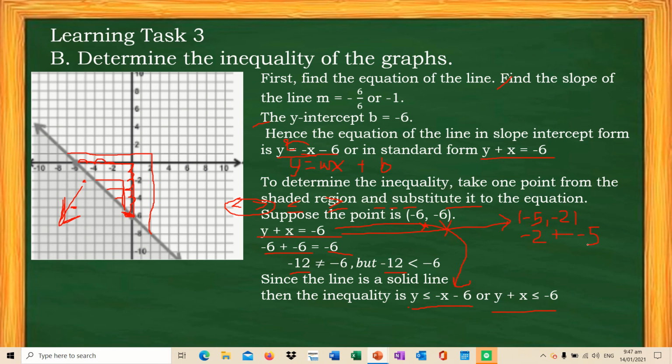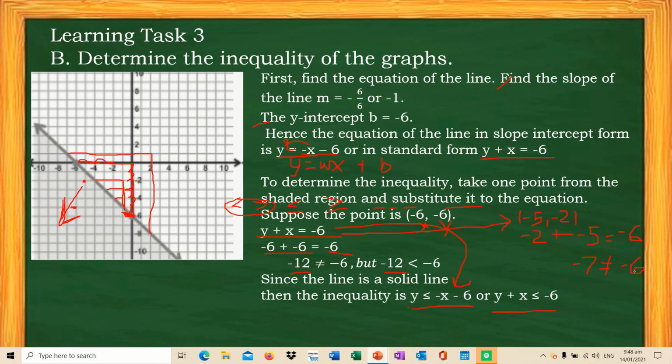Okay. Equals negative 6. Okay. So, negative 2 plus negative 5 is negative 7. Negative 7 is not equal to negative 6.